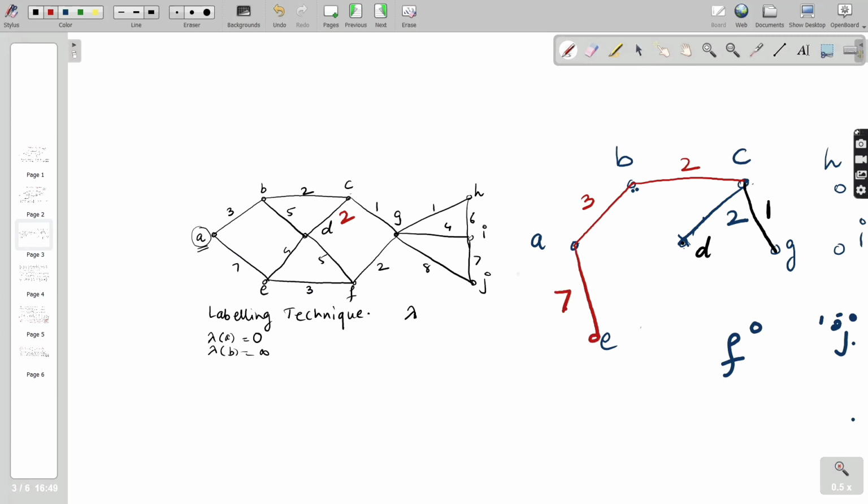A to E is 7. So we are sticking to this route, which goes directly from A to E, the adjacent vertices.